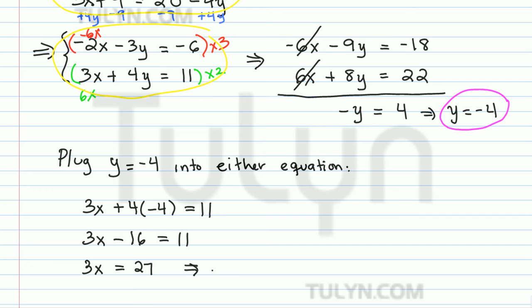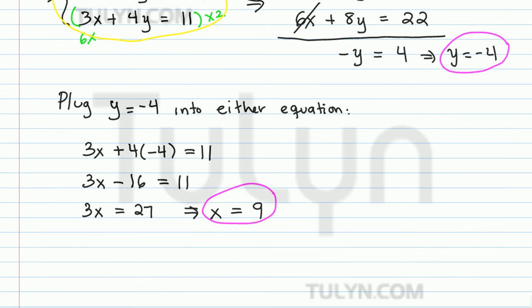Which means that x is equal to 27 over 3, which is otherwise known as 9. So now we have our x and our y, and we want to write our answer in terms of the ordered pair x comma y. So what we want to say is that the solution to the system is x comma y, so 9 comma -4.